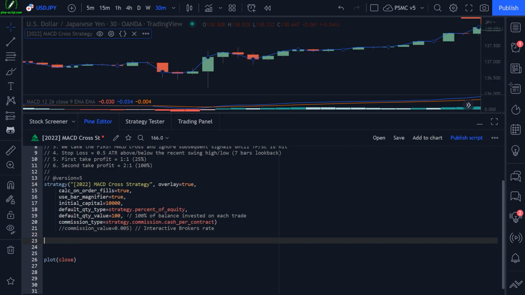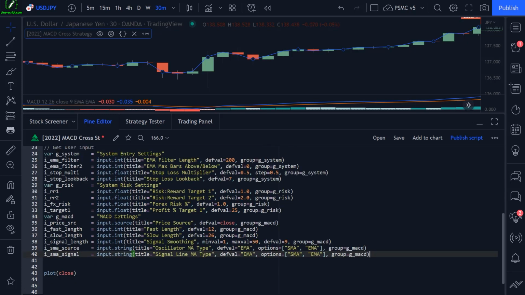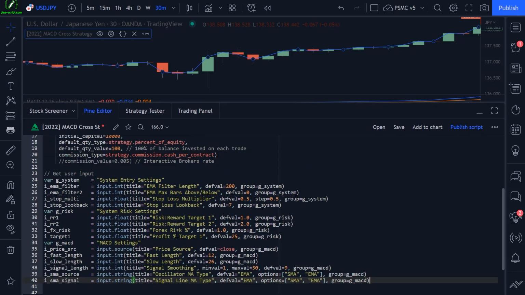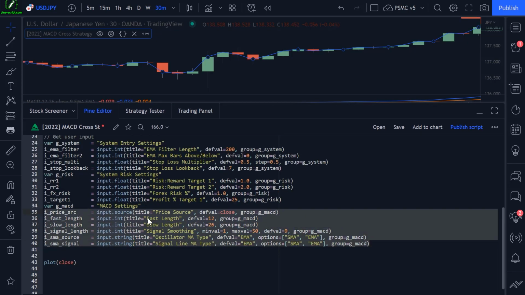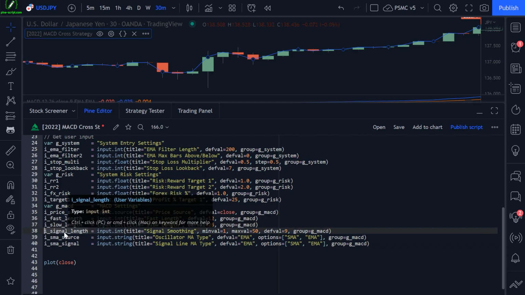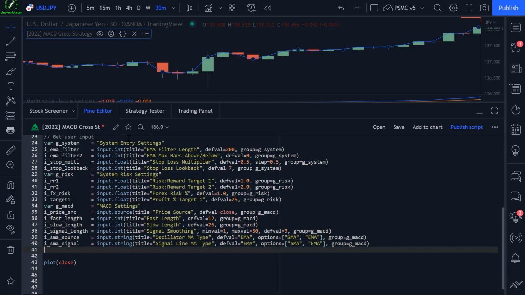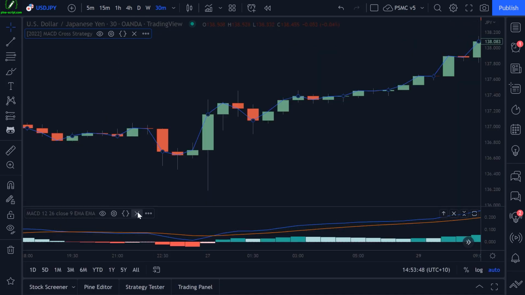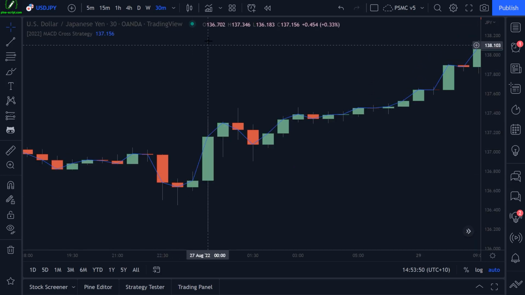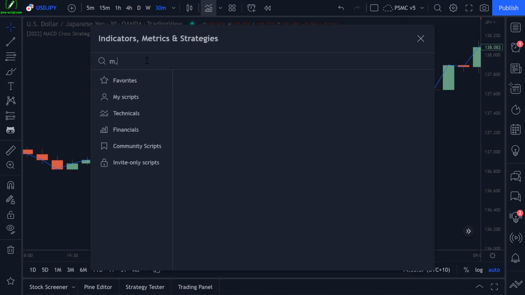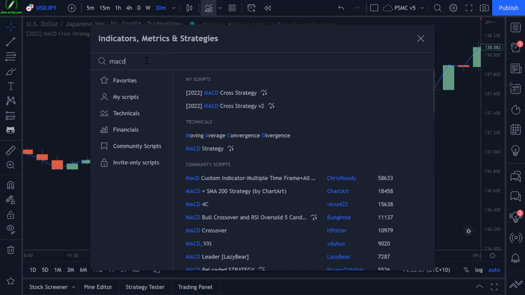The next thing I like to do on my scripts is get my user input. So for today's lesson, I'm just going to copy and paste all of this to save time. There's a lot of user inputs for this system. Half of them are MACD inputs, and these are just the default MACD parameters. I haven't changed them from the default MACD. So if I take the MACD off my chart, on your chart, to add the MACD, just come up to indicators, metrics, and strategies, type in MACD and spell it properly.